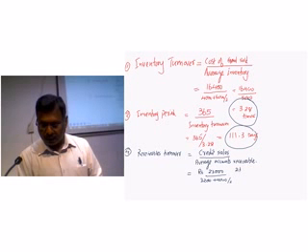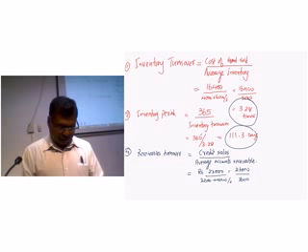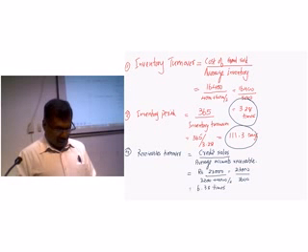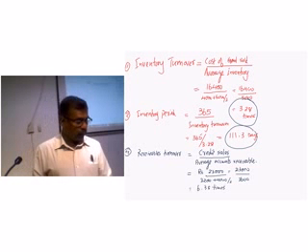Then 7,200 divided by 2, it's 3,600. So 23,000 divided by 3,600 is equal to 6.38 times.